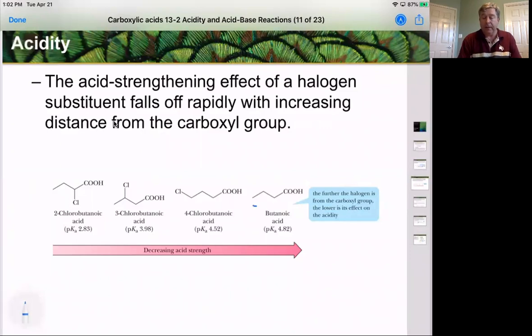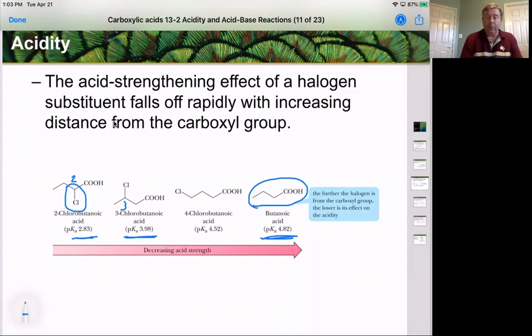So if we look at the pKa of just butanoic acid right here, it's about 4.82. By adding a single chlorine on that adjacent carbon, we're going to drop it to 2.83, making it more acidic. If we move that chlorine 1 over, so we're not at the 2 position anymore, we're now at the 3 position here, we see less of an effect. We only drop from 4.82 to 3.98.